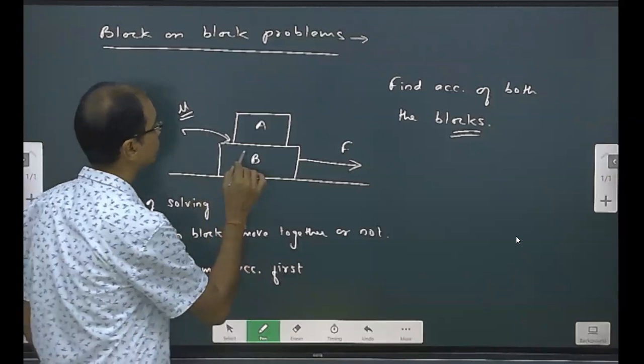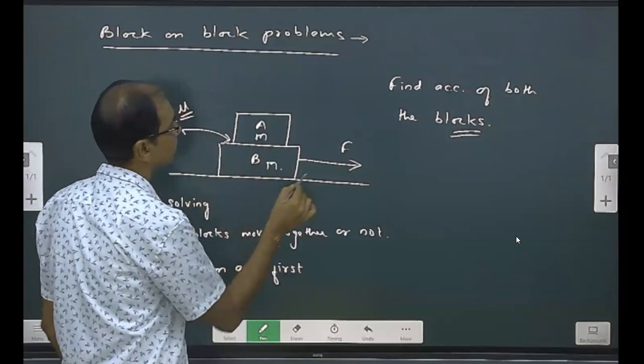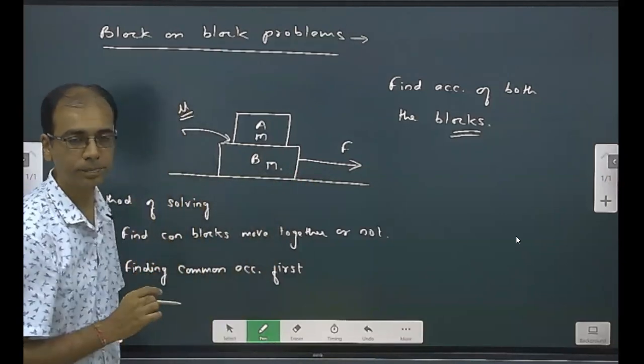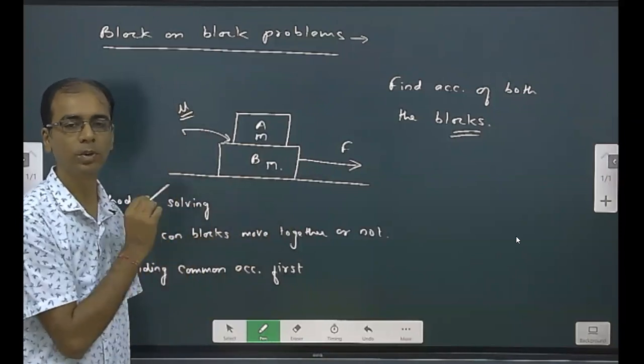Now suppose that its mass is small m and its mass is capital M, and you are providing force from here to the lower block. We are saying that both are moving together.